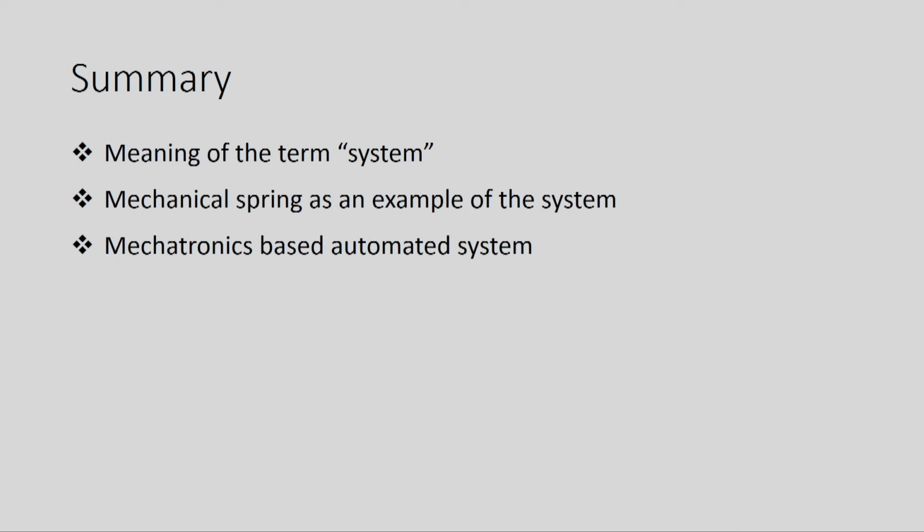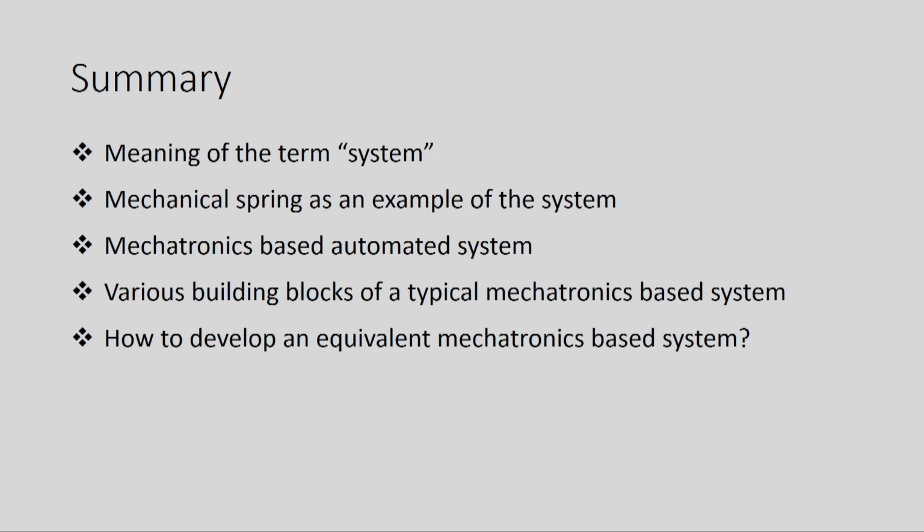Then we have seen the various elements of a typical mechatronics based system, various building blocks, and at the end we have seen how to develop an equivalent mechatronics based system. To understand it, we converted the concept of a typical mechanical spring into a hydraulic piston cylinder based arrangement.